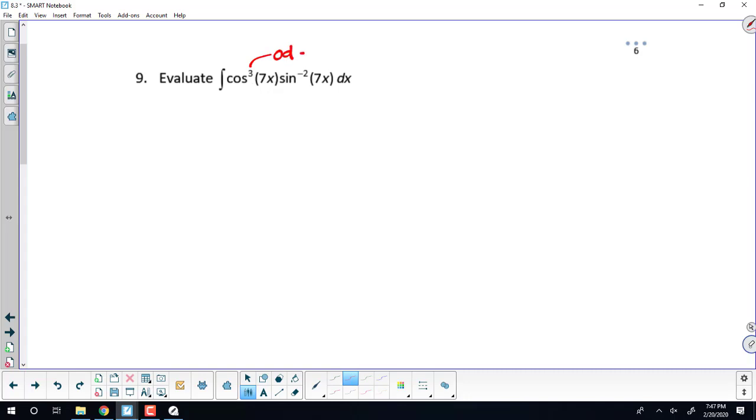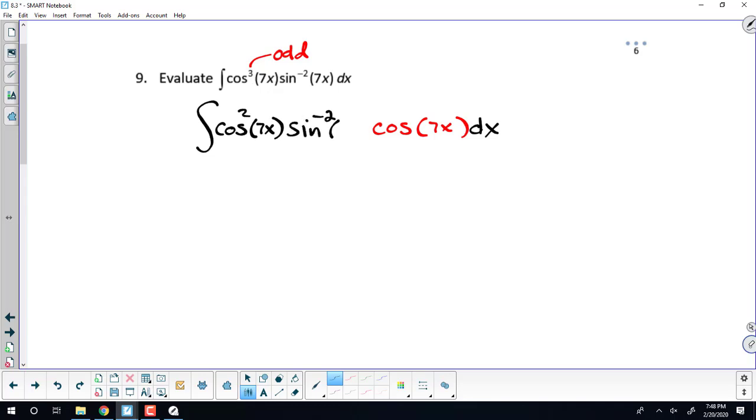This is odd. We're going to split, oh sorry, that's cosine. We're going to split that off and put it with our dx. So again, the thing we split off and stick with the dx, that's kind of like our du, so our u needs to be the sine of 7x.